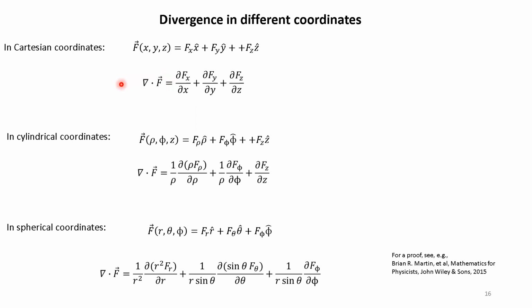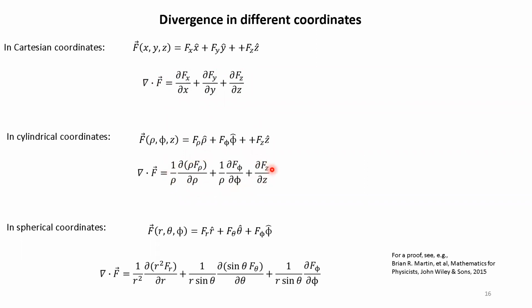So in Cartesian coordinates, the divergence is given here. In cylindrical coordinates, the divergence will look more complicated, just like when we talked about the gradient.